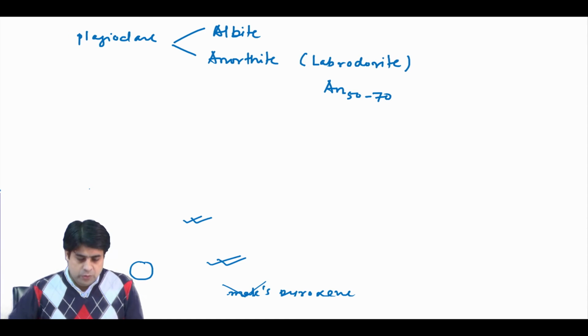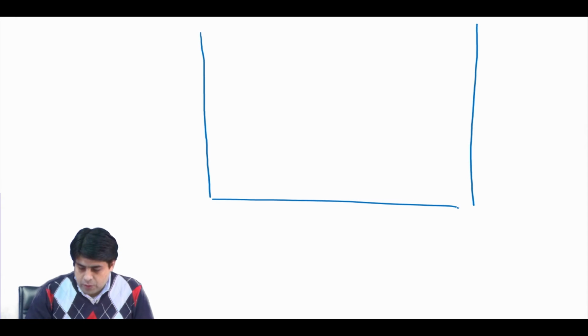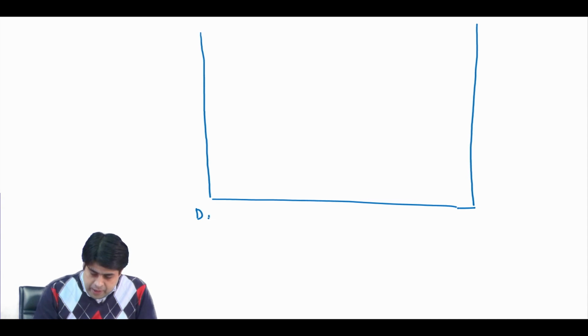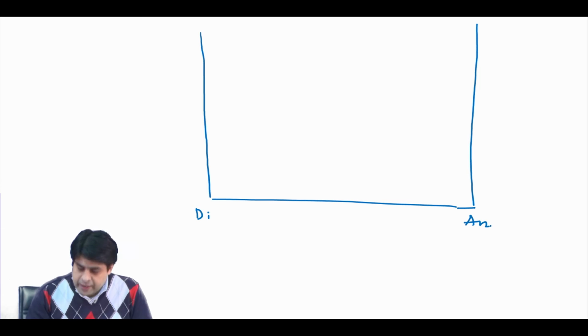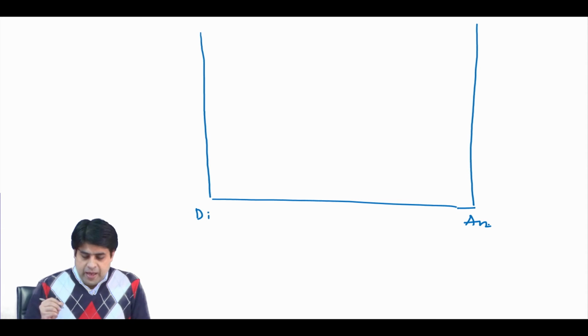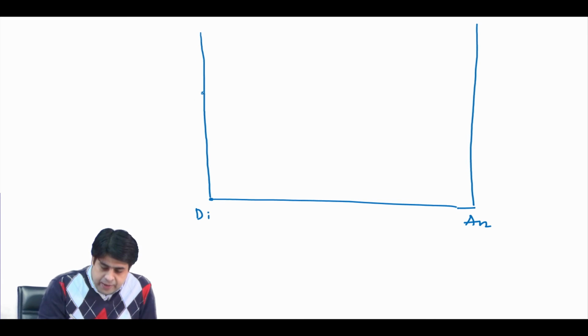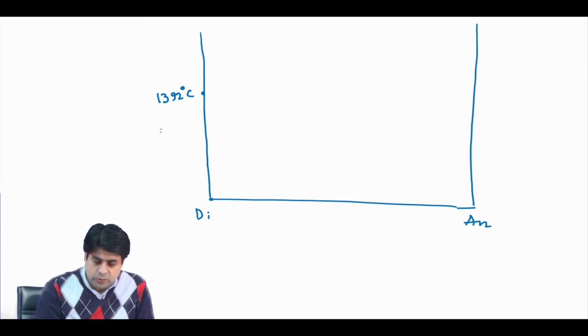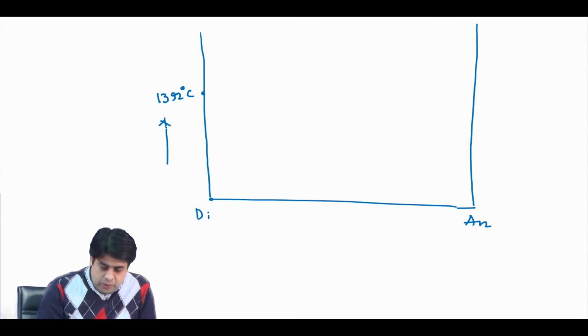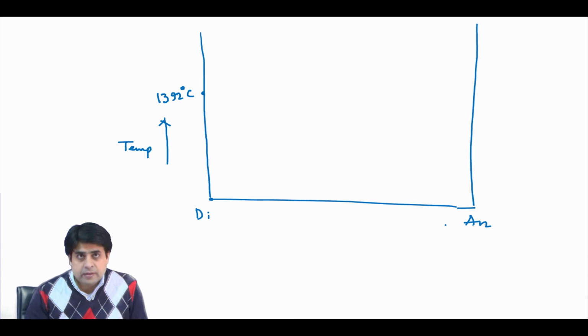system. So, he took diopside at one end and anorthite at another end, and we know that diopside melts at 1392 degrees Celsius. So, this axis is your temperature in degree C, and this y axis is basically the composition in weight percent.